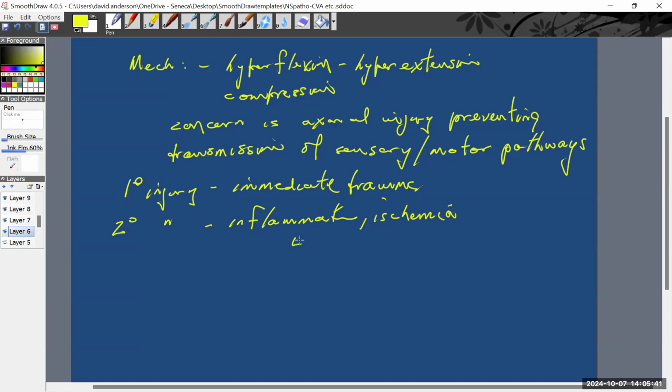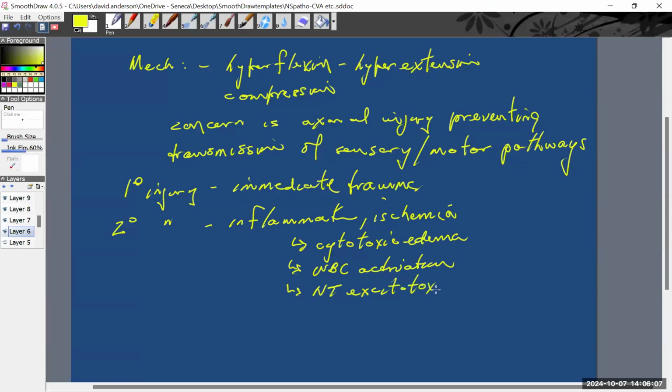And we know that those things lead to topics that we've already talked about: cytotoxic edema, white blood cell activation, neurotransmitter excitotoxicity, free radical accumulation.